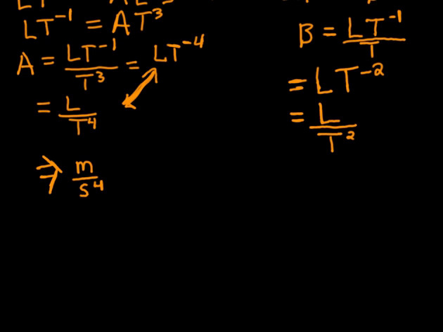Then part D is asking, what are the SI units for B? We do the same thing. L is in meters, T is in seconds, so we have meters per second squared. And as we will learn, meters per second squared is a special thing called acceleration.